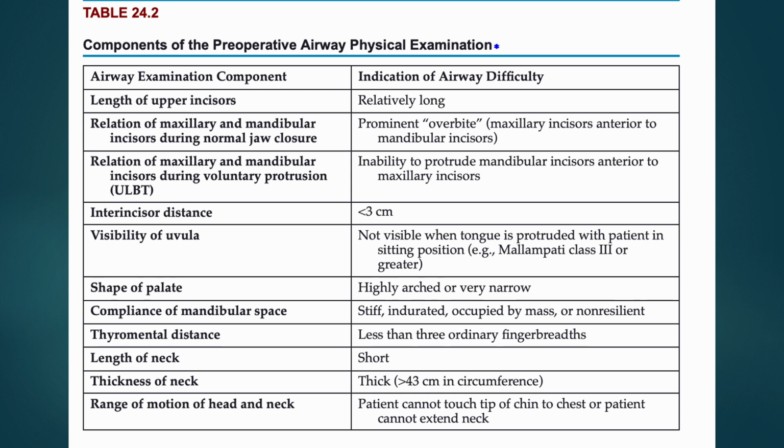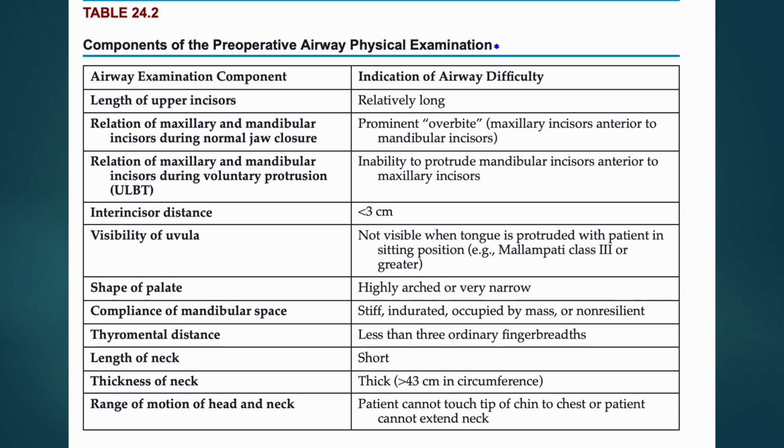All right, key indicators of difficult airways. Okay, length of upper incisors. These are some predictors of the difficult airway. When you see these things, this is when you should start going, all right, and you start shaping your plan. Relatively long upper incisors, prominent maxillary overbite. The inability to protrude your mandibular incisors during jaw movement.